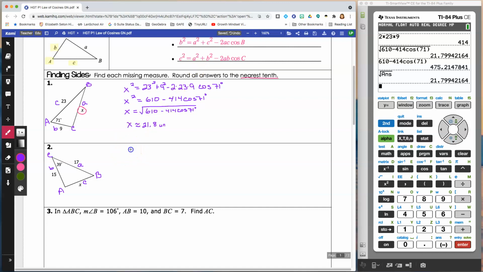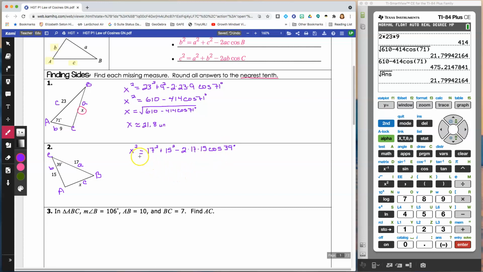Okay, so what does this mean? This means that x squared, my little c, side little c, so x squared is equal to side a squared, so that's 17 squared, plus side b squared, so 15 squared, minus 2 times side a times side b, times the cosine of angle C, which is 39 degrees.